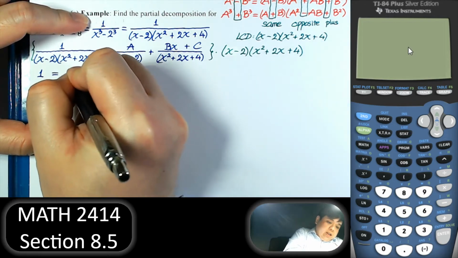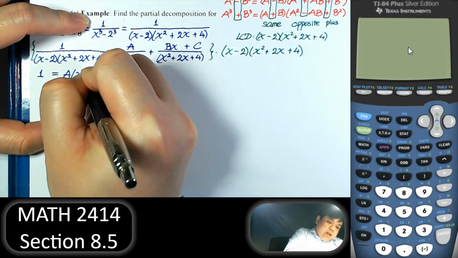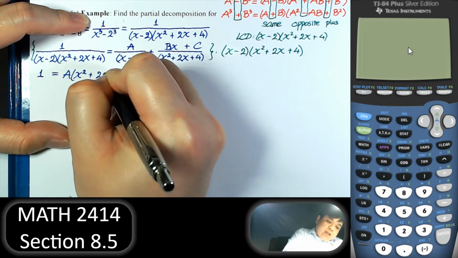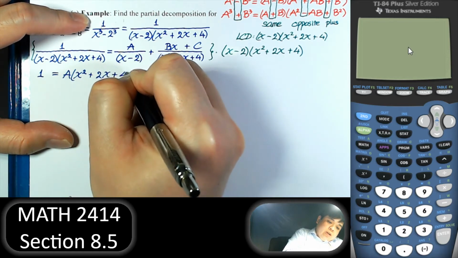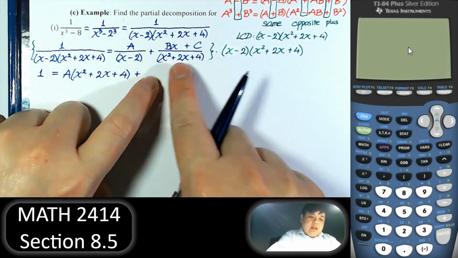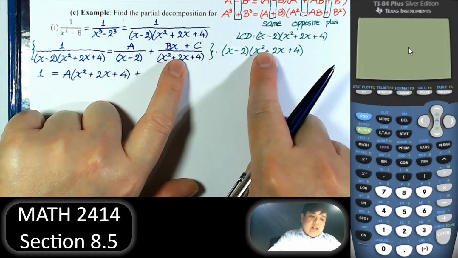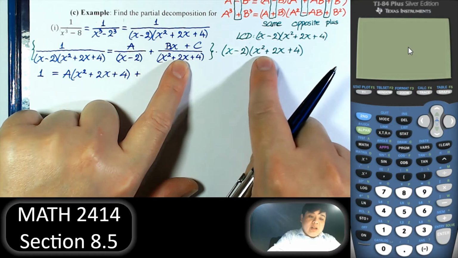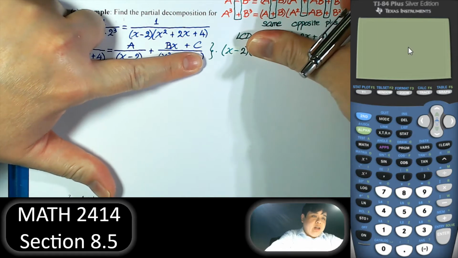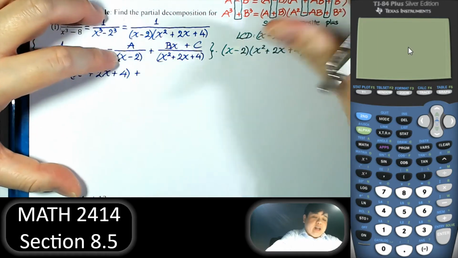So we have a times x squared plus 2x plus 4. Then when we multiply the other fraction by this, x squared plus 2x plus 4 cancels out, and we have bx plus c times x minus 2.